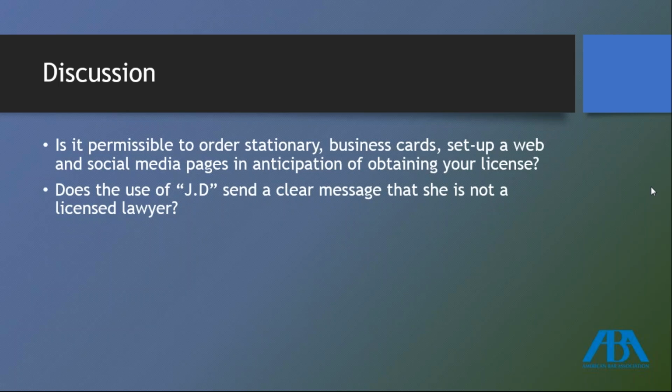But the important question is, what impression is being given to the public by that person using that JD distinction? Several states have issued ethics opinions, and they're in general agreement that it may not be enough for a law school graduate to simply list the JD credential on a law firm or any other communication without further explanation.